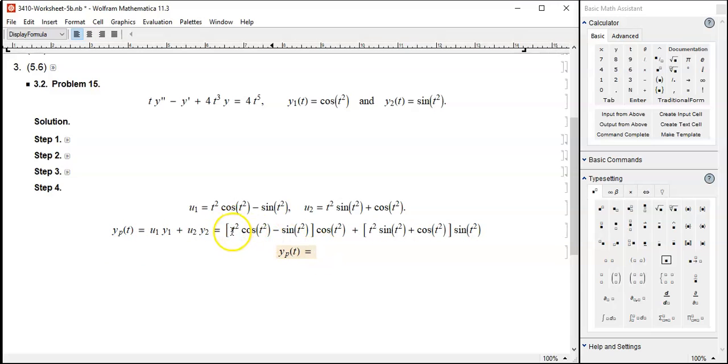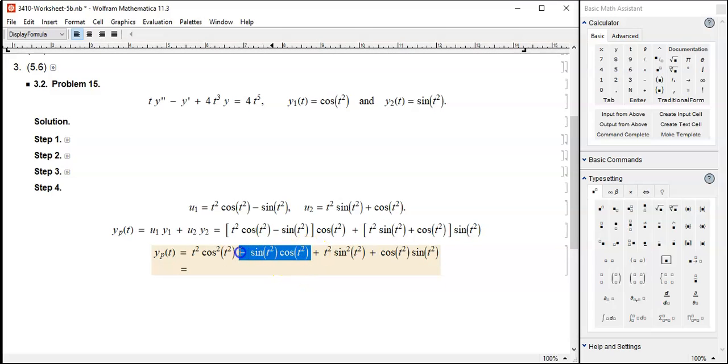It will turn out to be t squared cosine squared, minus sine t squared cosine of t squared plus t squared sine squared t squared, and plus cosine of t squared times sine of t squared.